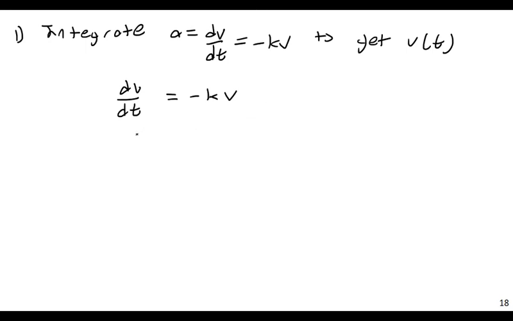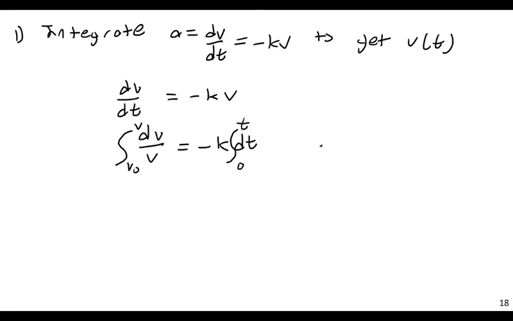So I'll have dv over v is equal to negative k dt, just moving around my d's and my t's. Then, because k is a constant, I can put the integration sign here, and I'm going to integrate from v0 to v, and from 0 to t.